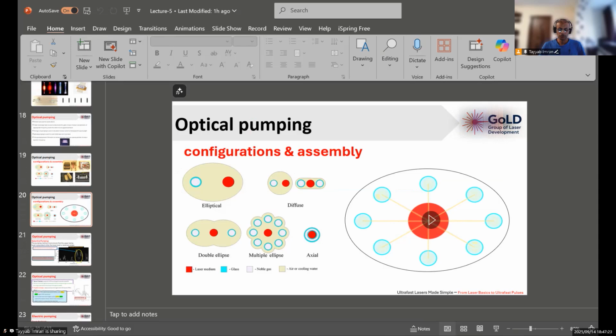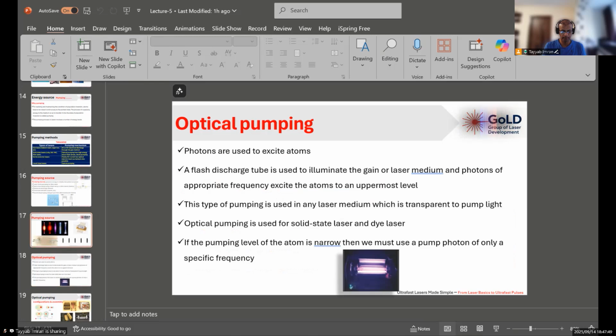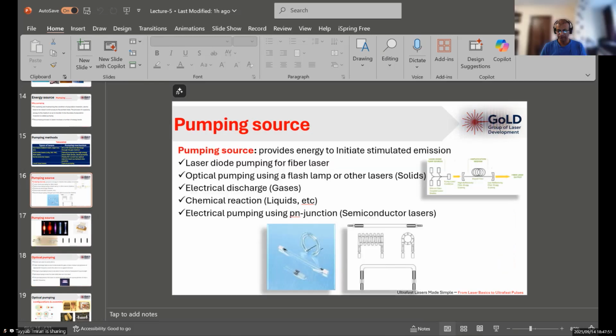Sorry, sir, what cavity is around it? Which cavity are you saying? You are saying about the axial cavity? Yes, sir. Still, it's not a cavity. It's an arrangement of the flash lamp, the pump source, and the rod, the gain medium. If you go here, this one is the flash lamp.